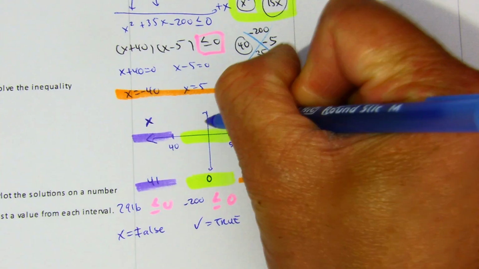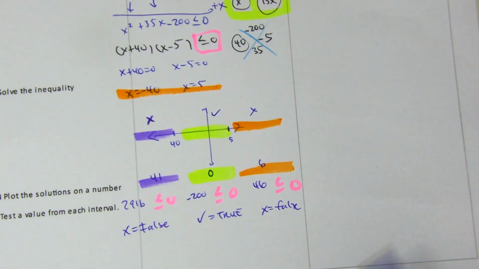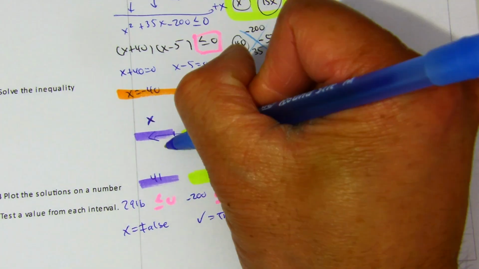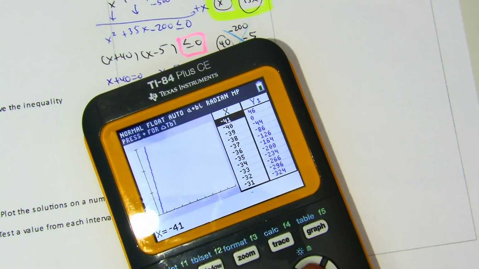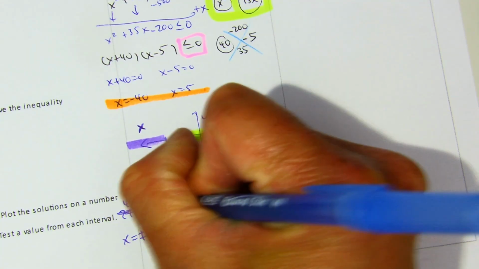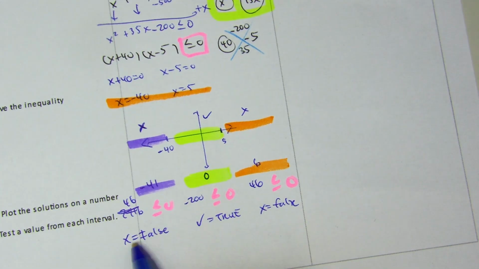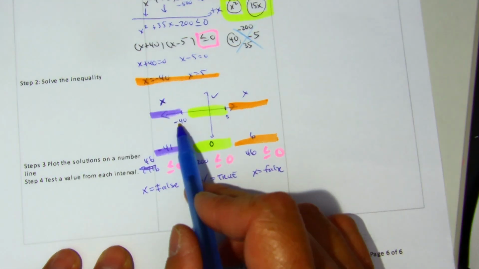Okay. So in class, we talked about how it's negative 41. Oh, I chose the wrong number. Negative 41 gives 2,916, and that's false. Okay, so our interval notation, we would say our answer is negative 40 to 5.